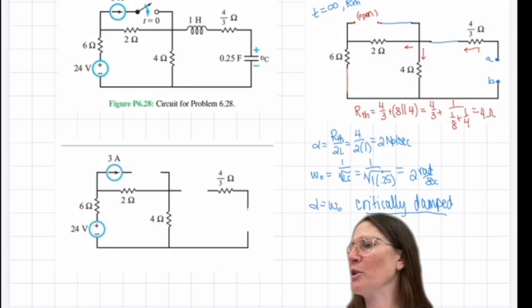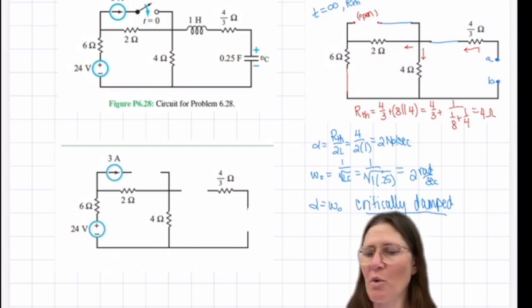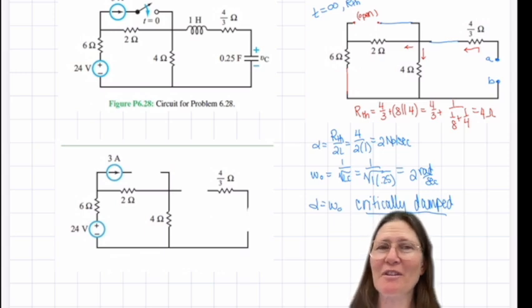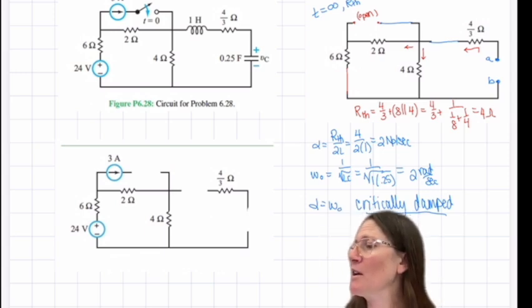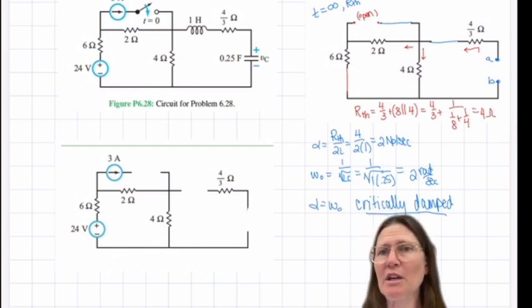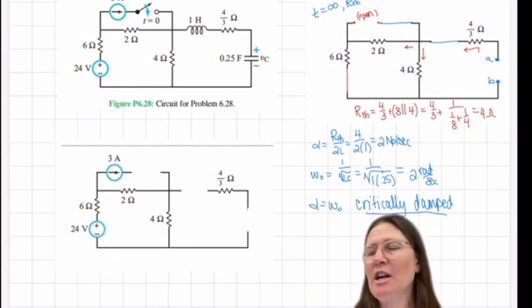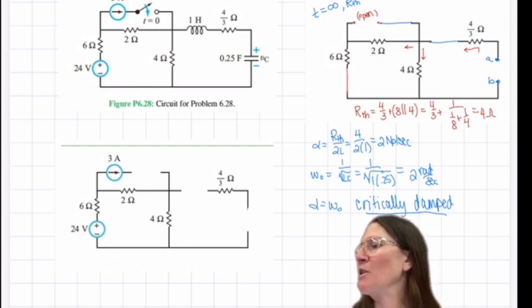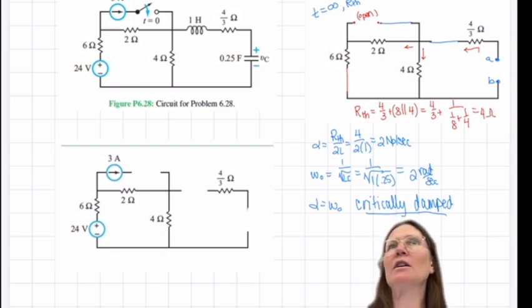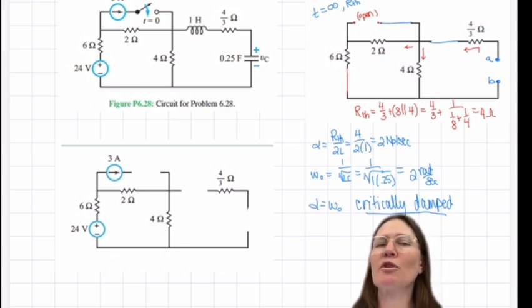So open for the current source, short for the voltage source. And then your pathway from A back to B, I moved that 4/3 over to the left side of the inductor.